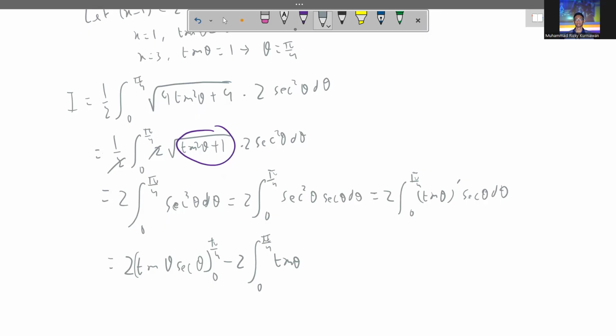If you already know the derivative of secant of theta, it is secant of theta times tangent of theta, d theta.